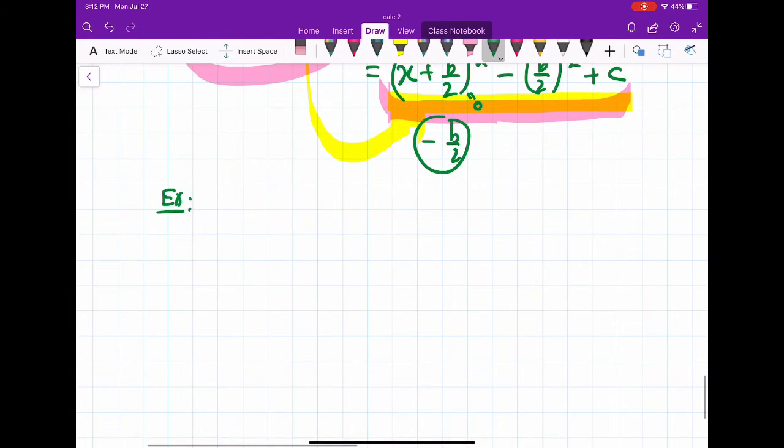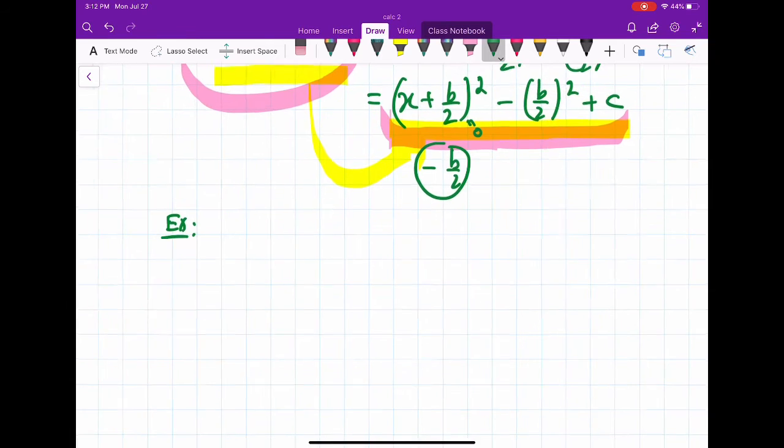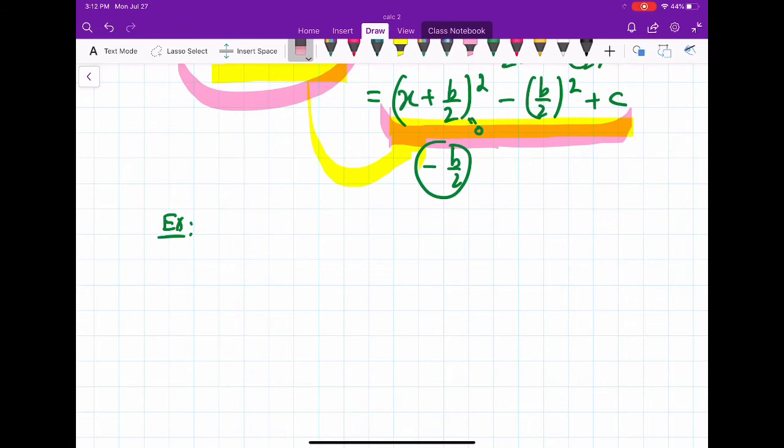The first example, without any square root, so you have the antiderivative of dx over x squared minus 4x plus 7.